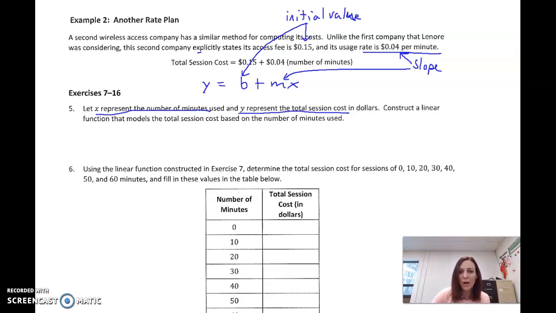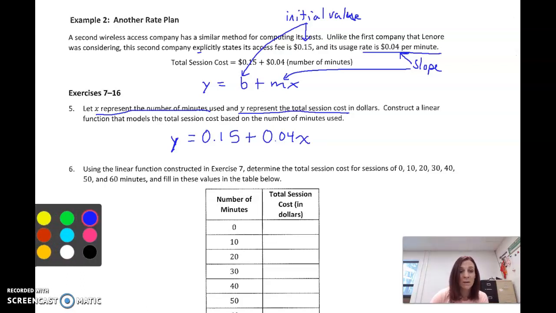Okay? So if y is the total session cost, we say y equals, well, our access fee, our initial value, our b of 15 cents, plus our rate of change, our slope, which is 0.04, 4 cents per minute. Since it has that per, that's why we're multiplying by x, which is the number of minutes.